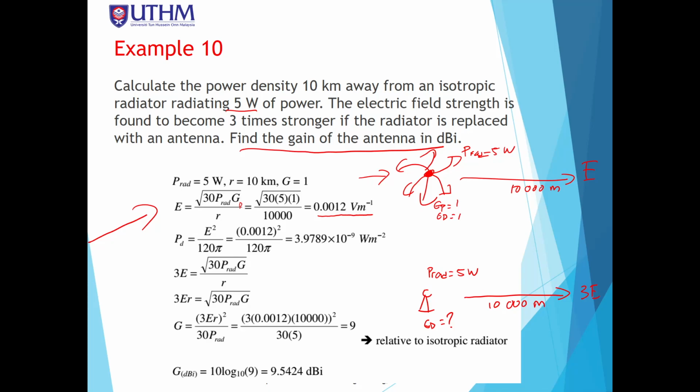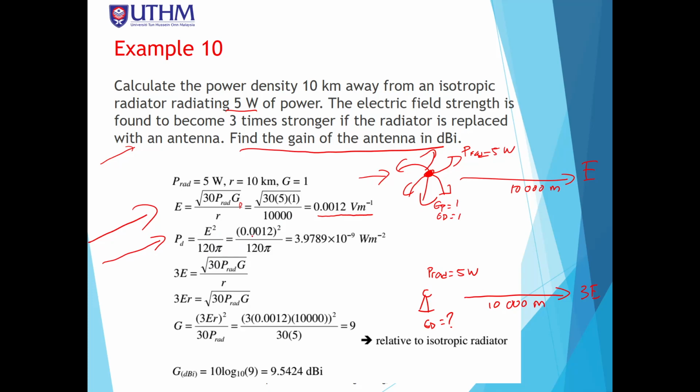And for the power density, it is not asked in the question. This is actually additional. Power density, if we follow the question, it does not actually ask for it. So I believe that this is just to show you about the power density. The power density is equal to E square over 120 pi.